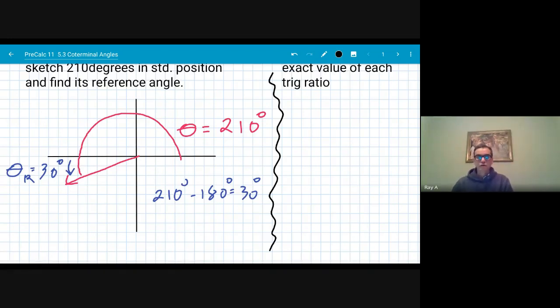Since the reference angle is 30 degrees, perhaps we can just figure out the trig ratios of 30 degrees, which means find the sine of 30 degrees, cosine of 30 degrees, and tangent of 30 degrees. And we will have to think about how those values are affected when they are in quadrant 3.